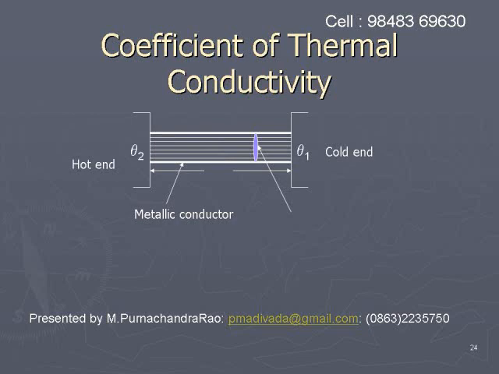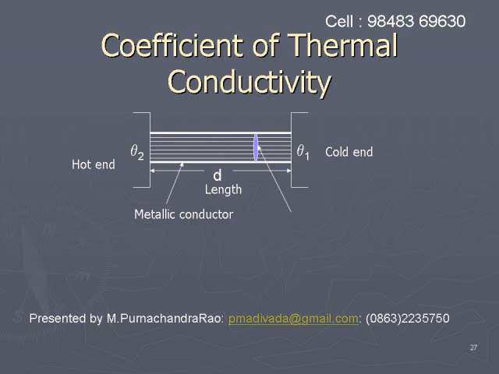The left end is in contact with a hot source and the right end is in contact with a cold source, and no heat is allowed to transfer laterally, that is, from the sides. The left end is the hot end, the right end is the cold end. The temperature of the left end is theta 2, the temperature of the right end is theta 1.